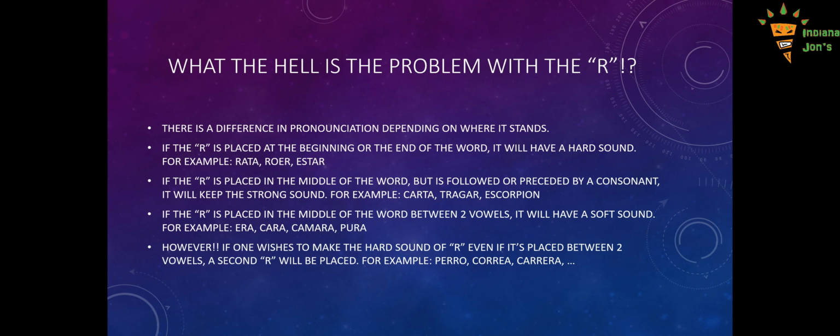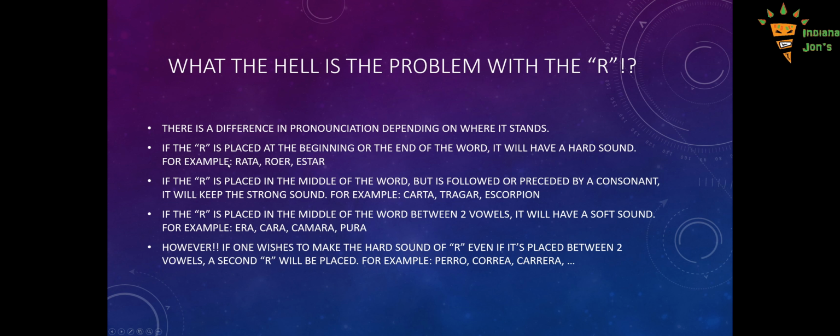So now we come to the most interesting part of the pronunciation of Spanish, as it's famous for. What the hell is the problem with the letter R, right? There is a difference in pronunciation depending on where the letter R goes in the word. If the letter R is placed at the beginning or at the end of the word, it will have a hard sound.